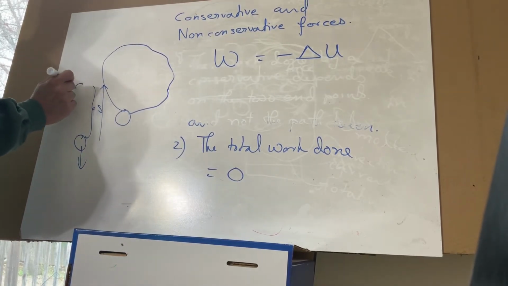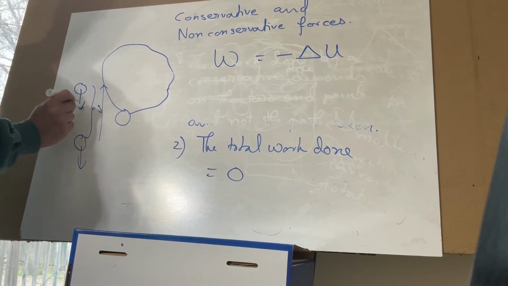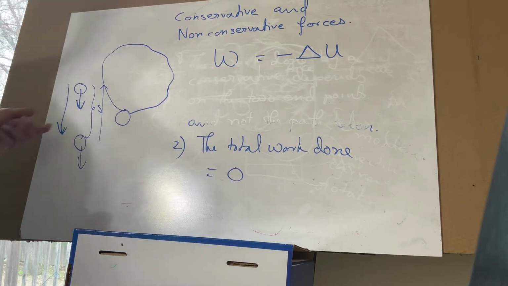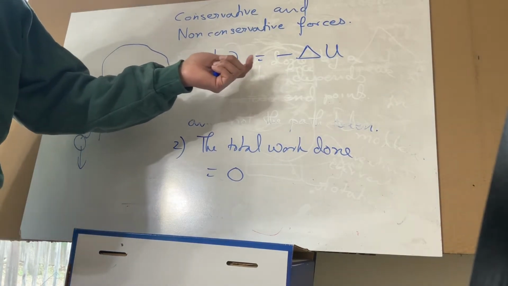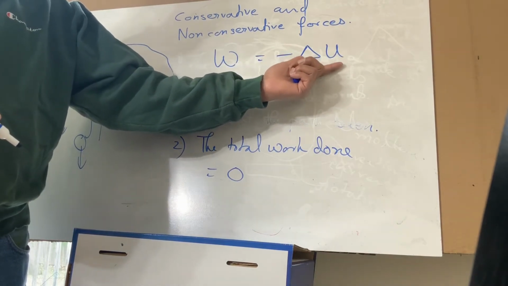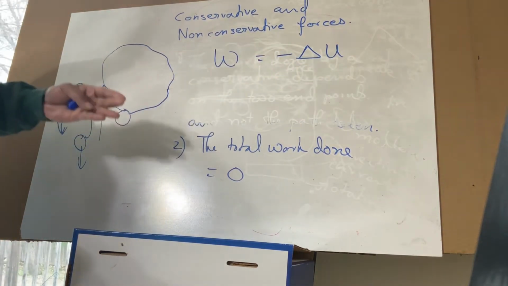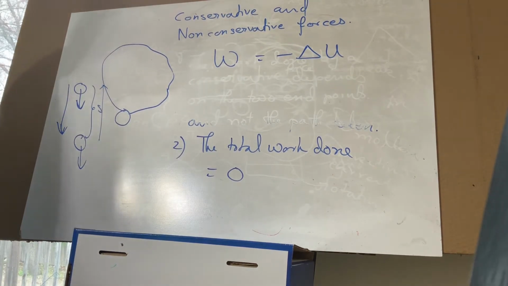If you drop an object, then the force by gravity and the displacement are in the same direction, and therefore the work done is positive. So if the work is positive, that means the change in potential energy has to be negative. That means it has lost potential energy.